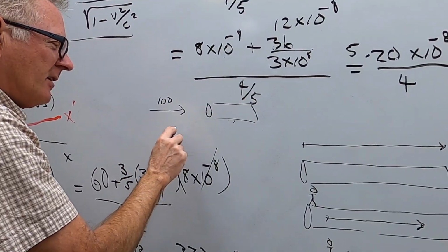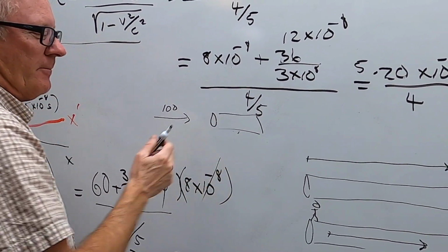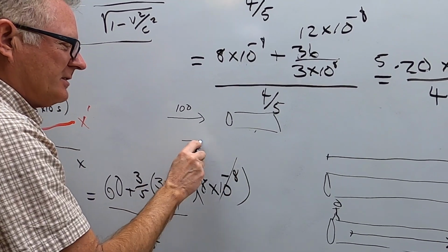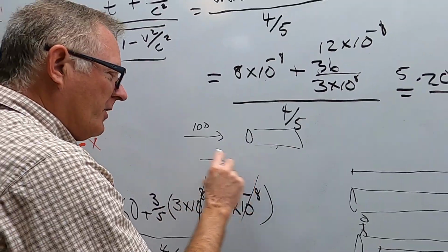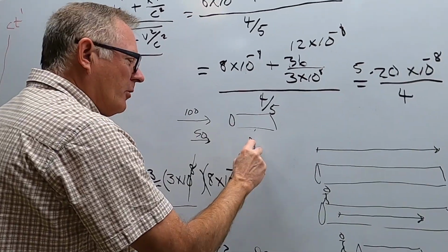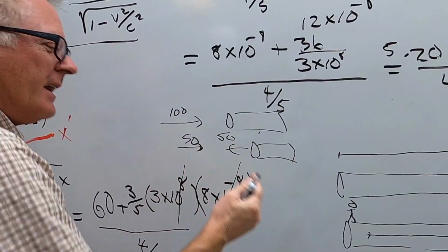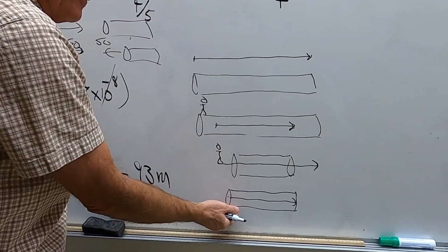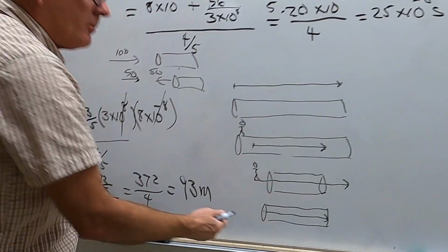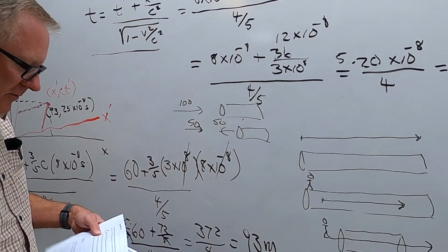But what happens if you were going this way at 50? You'd see the sphere moving this way at 50, and you'd see the pipe moving the other way at 50. You'd see them both shrink equally, and again, it would just fit inside. So any of these are possible depending on the speed of the observer. Okay.